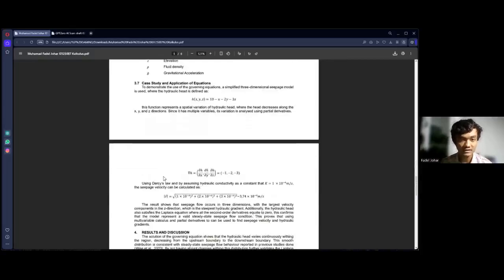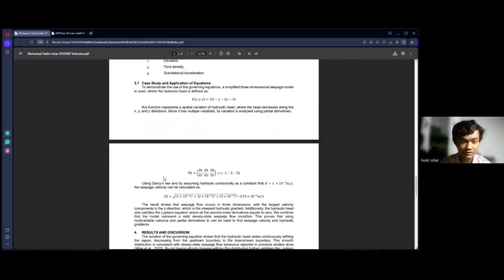Now we move over to the case study and application of these equations. We will use a very simplified three-dimensional seepage model where the hydraulic head is defined as 10 minus x minus 2y minus 3z.